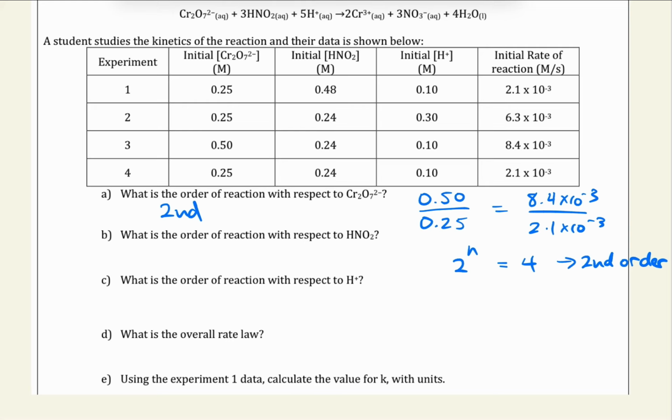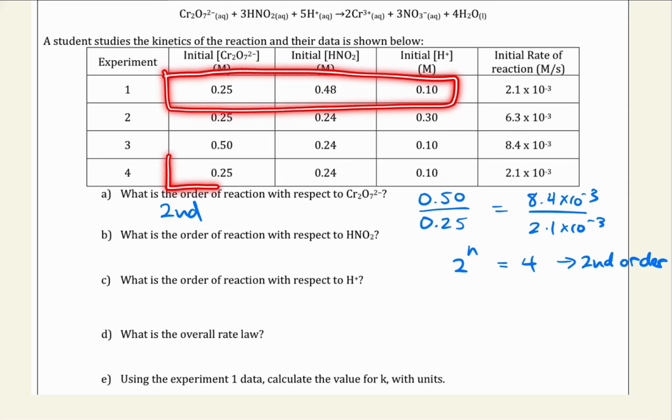For HNO2, we will look at experiments 1 and 4. The reason for that is that if we look at experiments 1 and 4, we see that our dichromate and H+ are held constant, but our nitrous acid concentration changes.